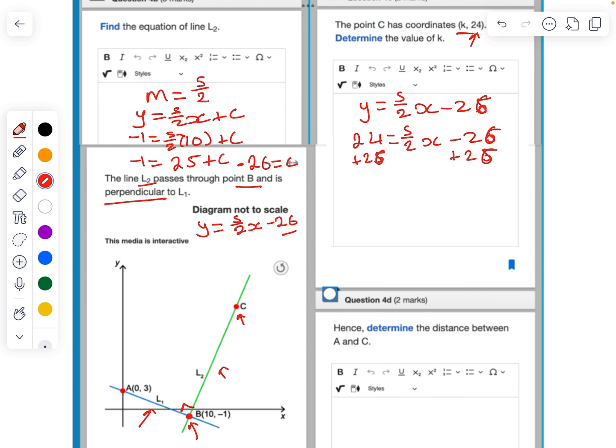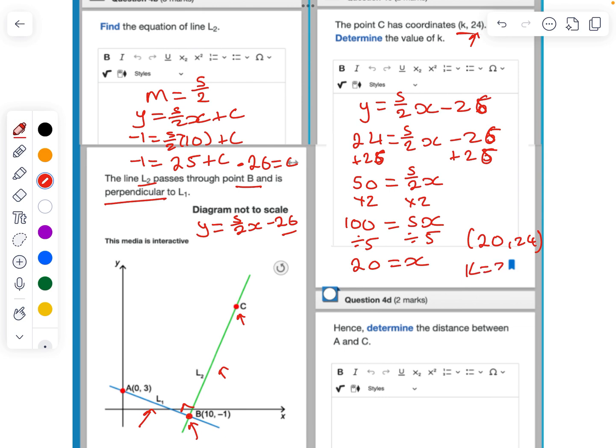That's 26, that's 26, that's 26. So 24 plus 26 is 50, and that equals 5 over 2x. Then if we times both sides by 2, we get 100 equals 5x. Then if we divide both sides by 5, it gets us x is 20, and that's the missing answer. So k in this question will equal 20.